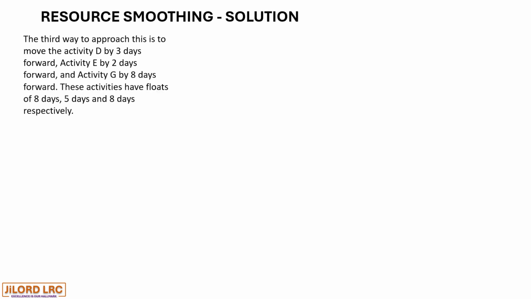The third way to approach this is to move activity D by 3 days forward and activity E by 2 days forward and activity G by 8 days forward. These activities have floats of 8 days, 5 days, and 8 days respectively. So let's look at our bar chart.